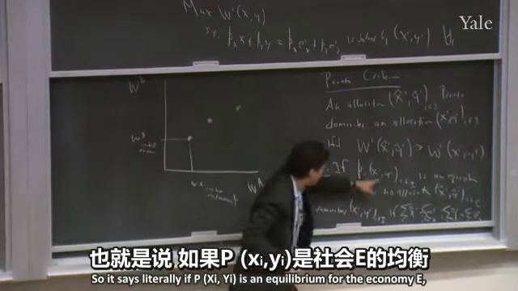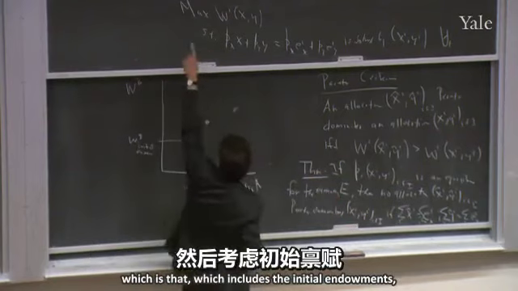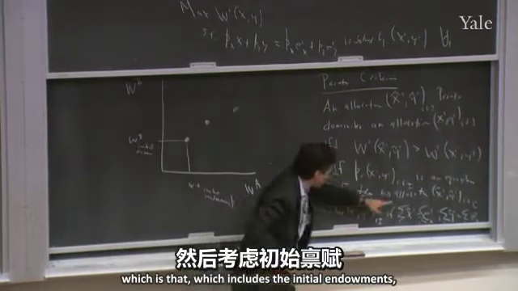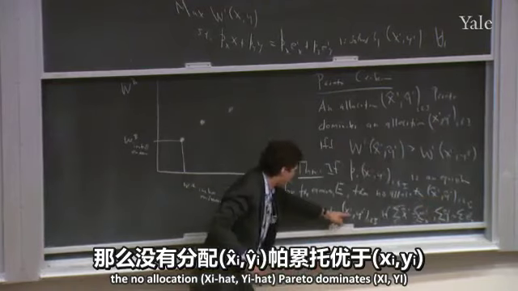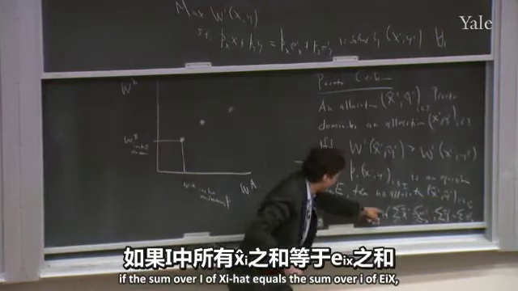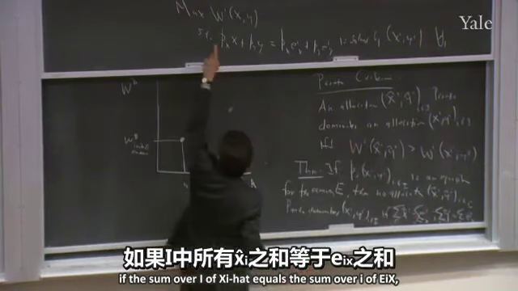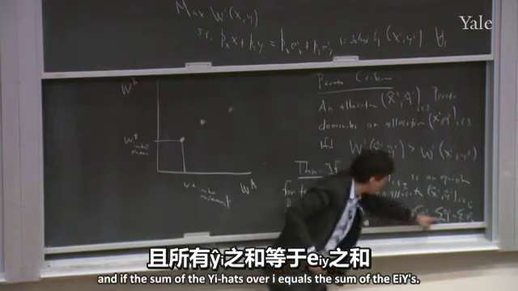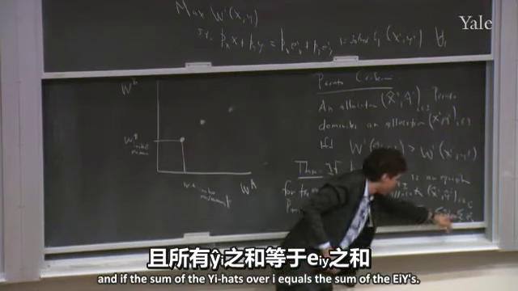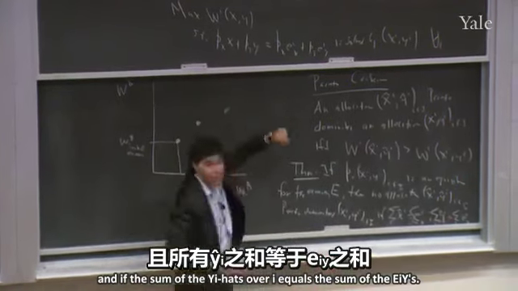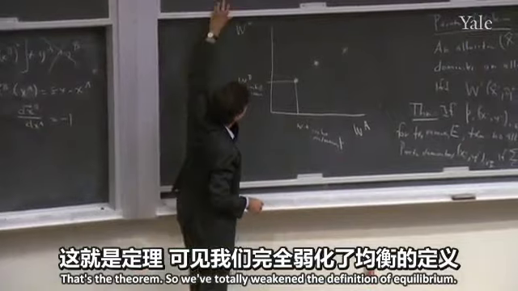So it says literally if P, Xi, Yi is an equilibrium for the economy E, which includes the initial endowments, then no allocation Xi hat, Yi hat, Pareto dominates Xi, Yi if the sum over I of X hat I equals the sum over I of EIX, and if the sum of the Y hat I's over I equals the sum of the EIY's. Okay, and now that's the theorem.